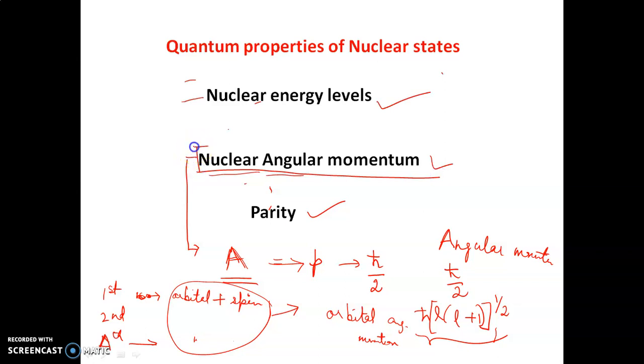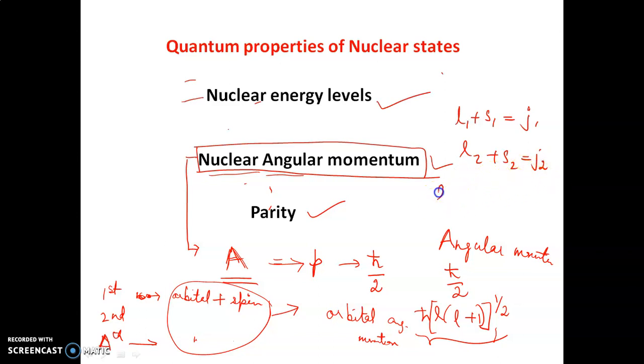In some cases we have, suppose L1 plus S1 is equal to J1, then L2 plus S2 is equal to J2, which we call the LS coupling.